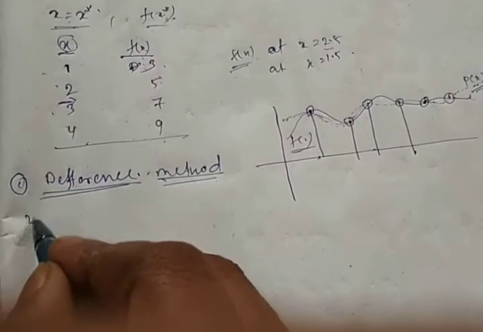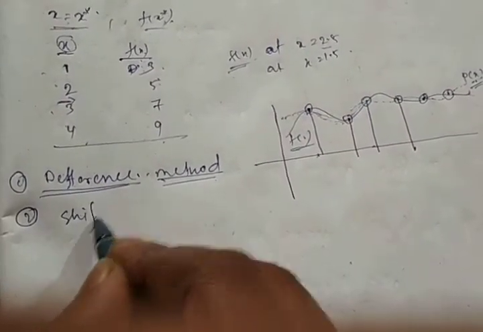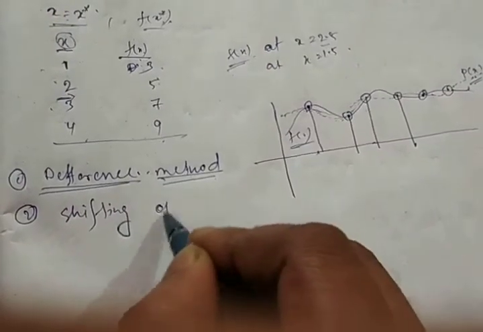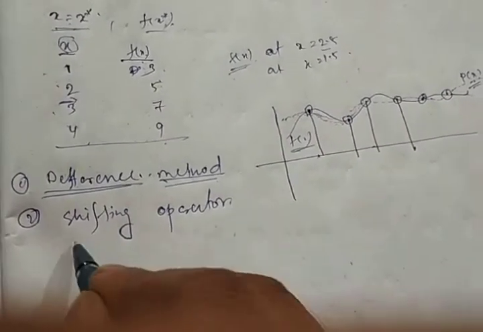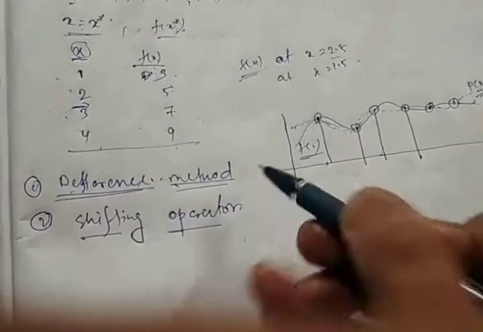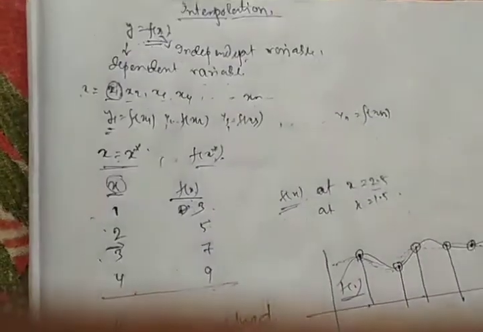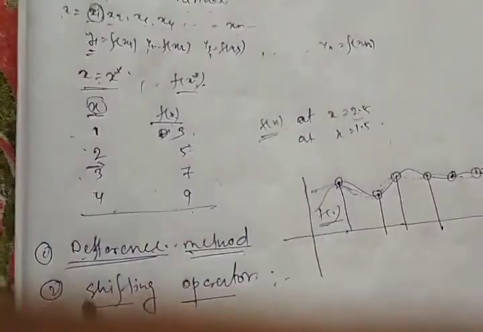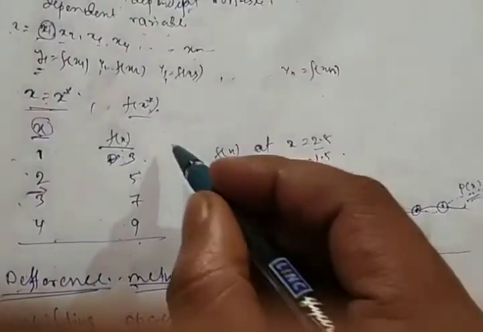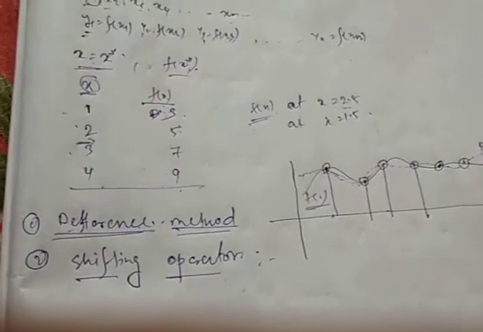Second, the shifting property, the shifting operator. Also this is known as the difference operator and shifting operator. And another part is entry and argument.